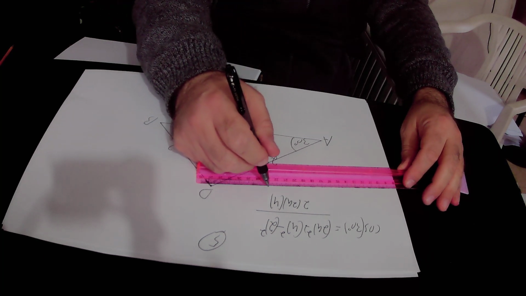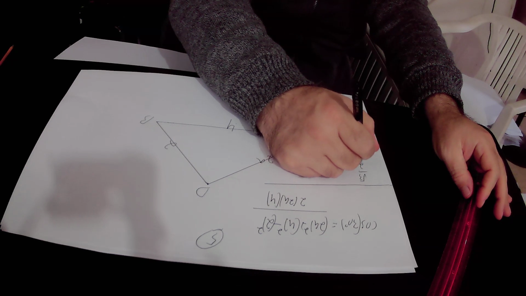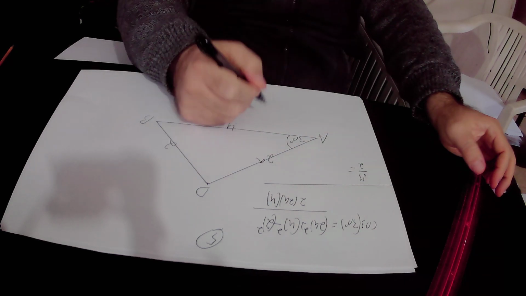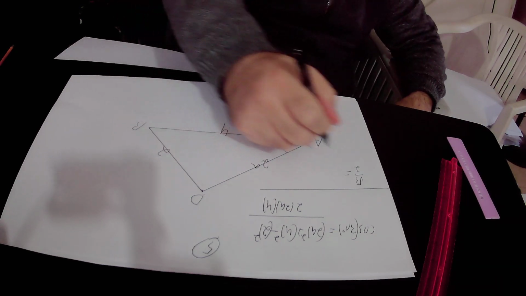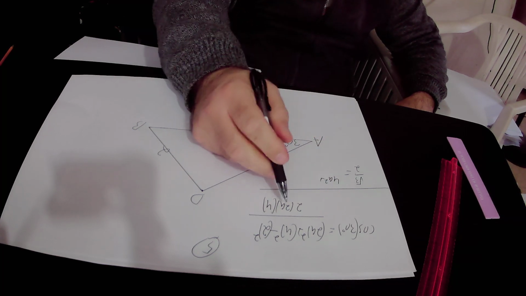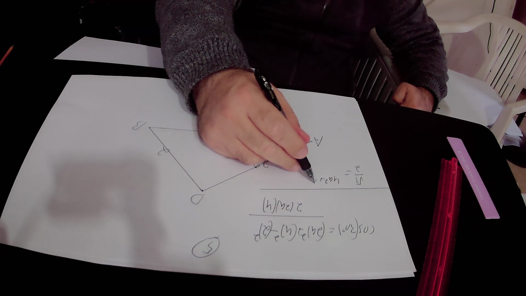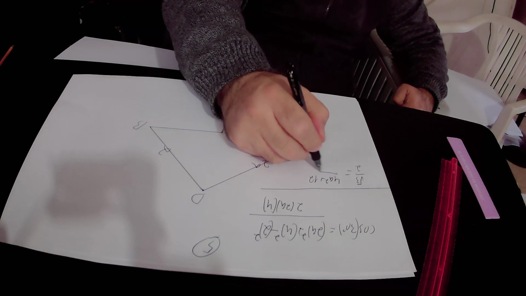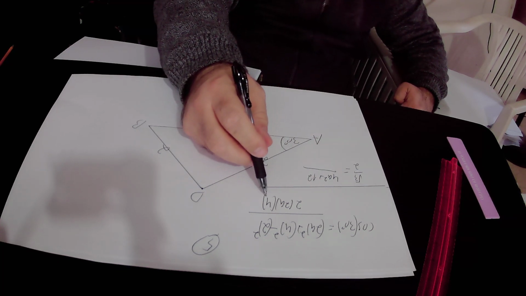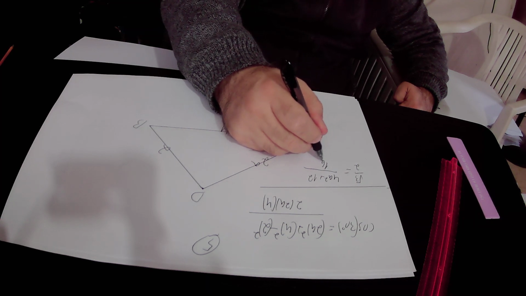We know that cosine 30 degrees is square root of 3 over 2. Square root of 3 over 2 equals 2A squared, which is 4A squared, plus 4 squared is 16, and minus 2 squared is minus 4. 16 minus 4 is 12, over 2 times 4 is 8, and 8 times 2A is 16A.